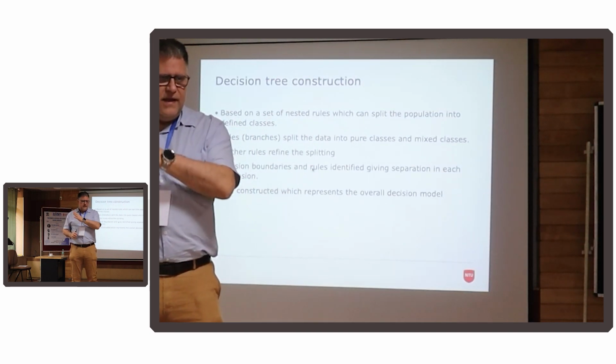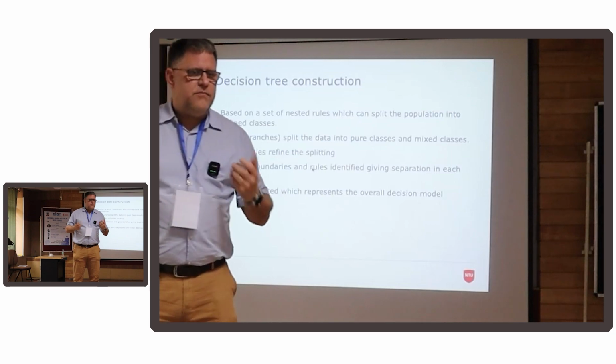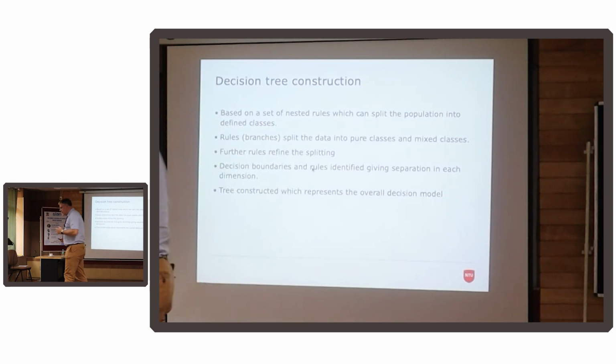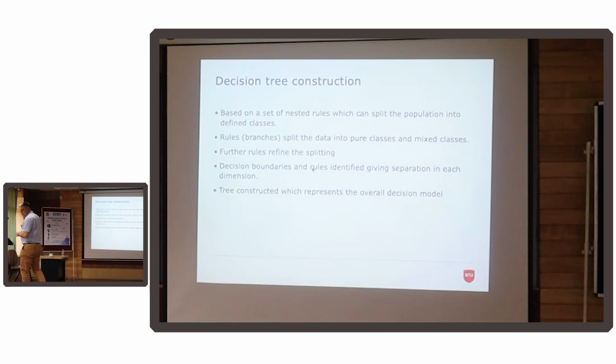It would literally be, they are here, those are there. Reality of biology is more complicated than that. So each rule splits the data into a pure class and a mixed class, and then further rules refine that splitting. So again, we're nesting and building multiple rules in order to classify as many individuals as possible.